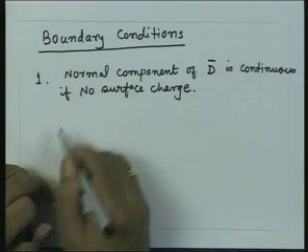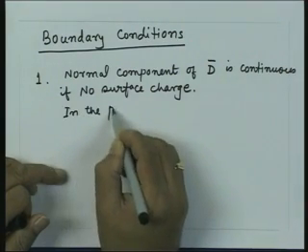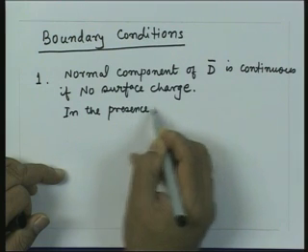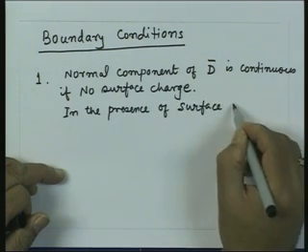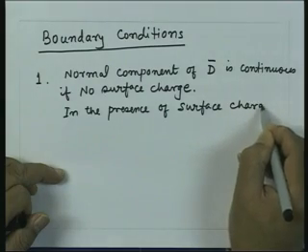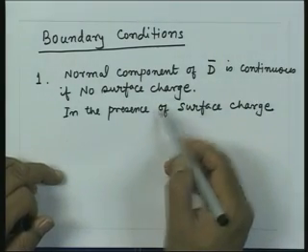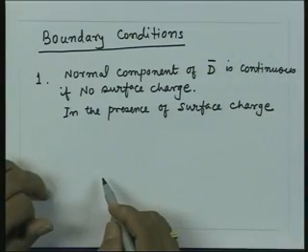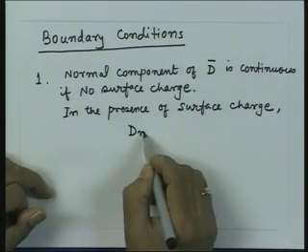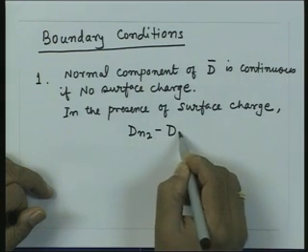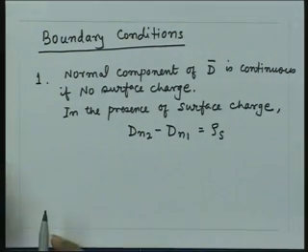In the presence of surface charge, the difference of the normal component of D is equal to the surface charge. So, in the presence of surface charge, we have dN2 minus dN1, that is equal to rho s.